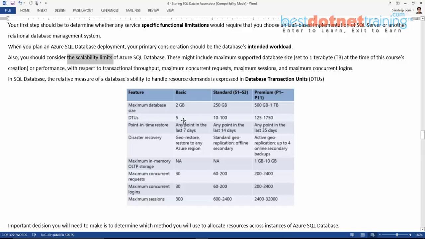These are the limiting factors based on the different parameters and the basic tiers. There is something called DTU, which is very important, the database transaction unit. It is a relative measure of the database's ability to handle resource demands on a need basis. So when I say that basic has 5 DTU and premium has up to 1750 DTU, it is that many times faster. If I choose, let us say, standard with 10 DTU, this is going to be double the speed of the 5 DTU.